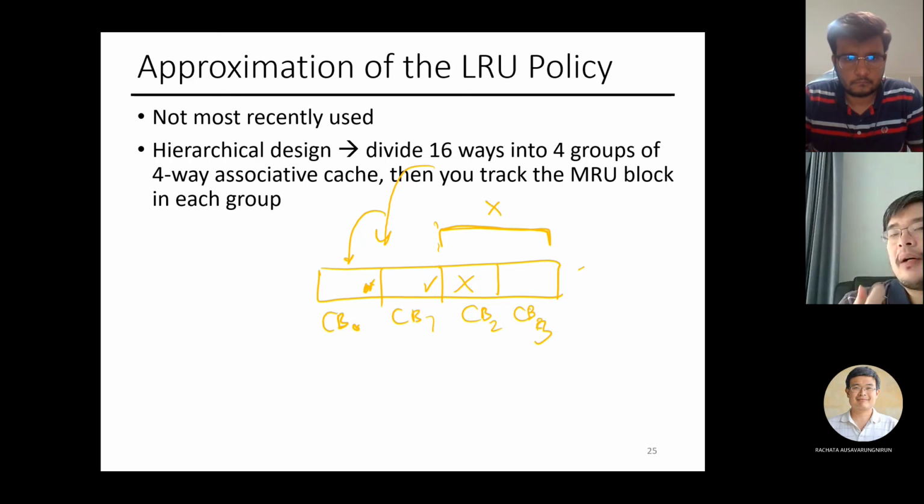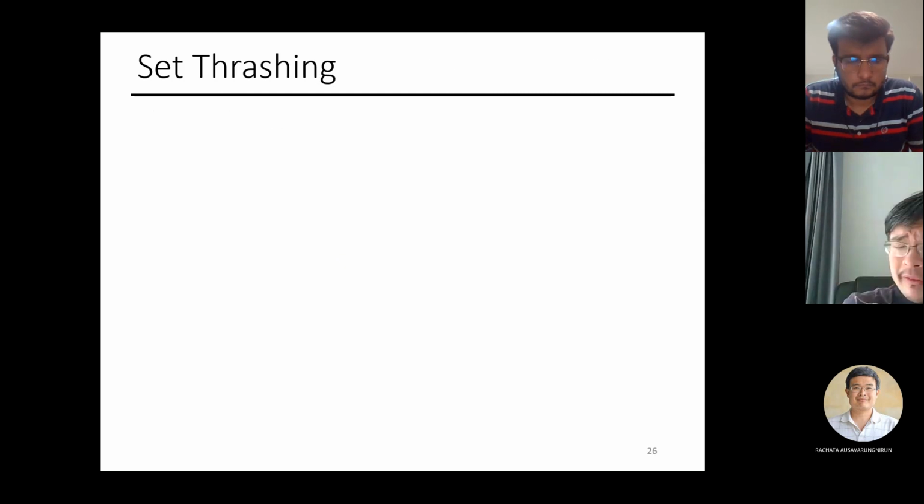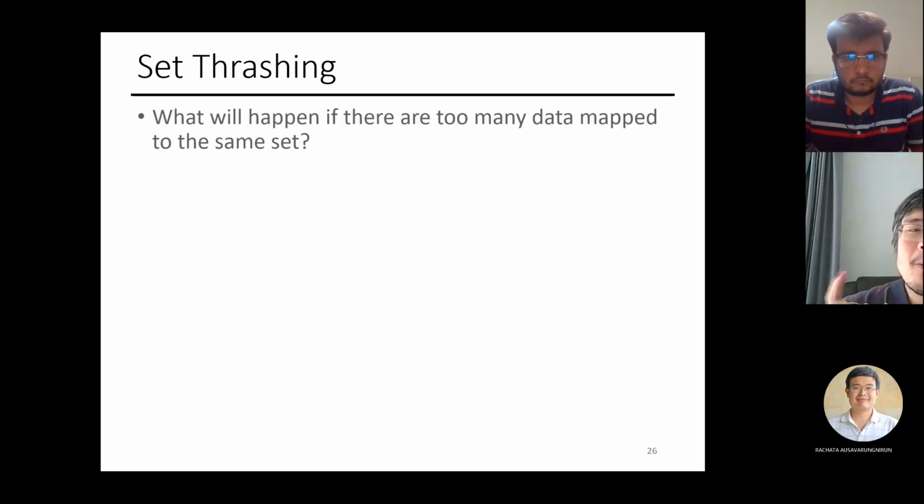And even with the LRU policy, you can still run into a problem similar to the direct-mapped cache, but we call this set thrashing. Set thrashing, as the name suggests, we thrash things in the set. What does thrashing mean? You kind of make a mess of that set. So let me give you this example. What will happen if there is too much data mapped to the same set?